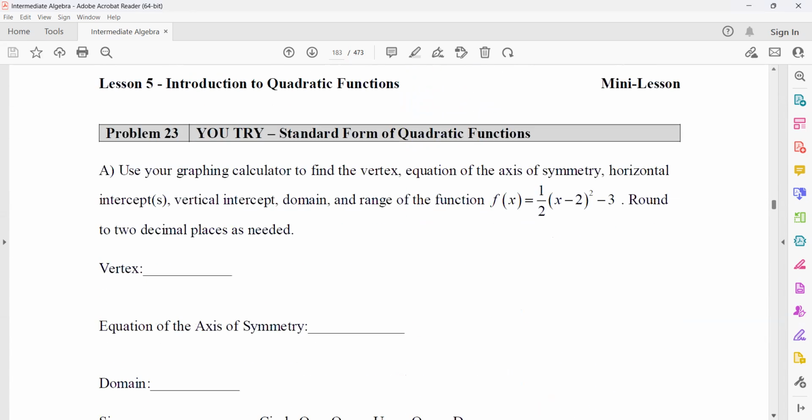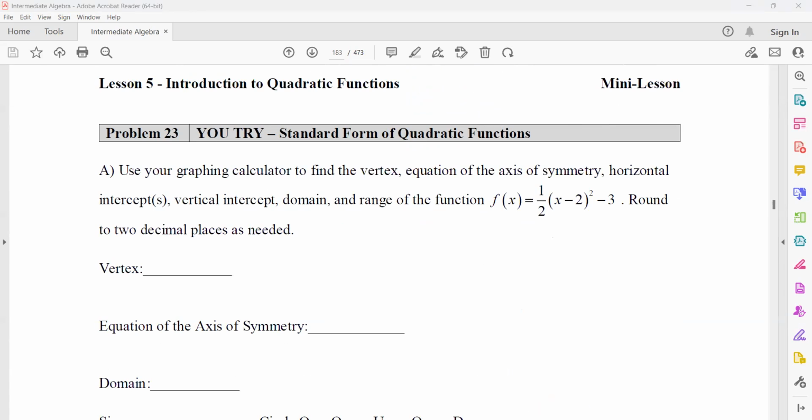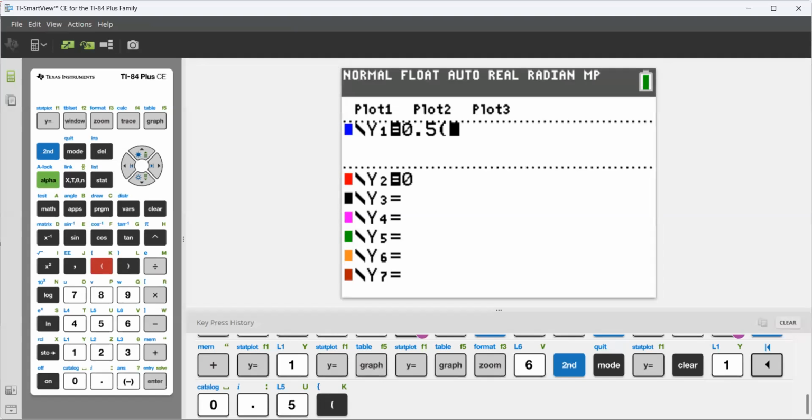Oh, I thought I was sharing my calculator. Okay, let me share the calculator again. Okay, there we go. So this was what I was doing. I thought I was sharing it. So let's go back to that.